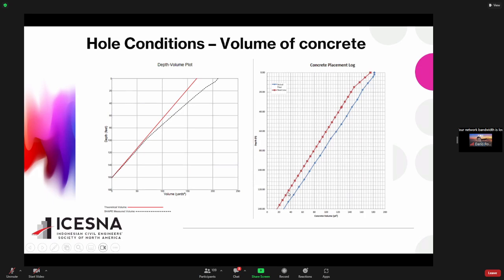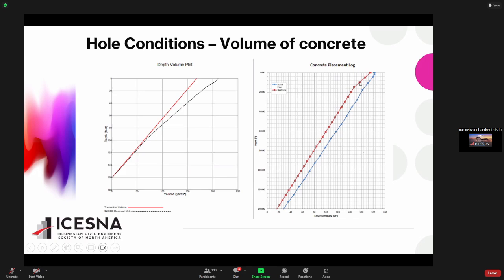And this is also another check that you can do. The red line is based on the nice hole, so it's basically the same red line here, based on the volume of the hole on paper. And the green is the actual volume of the concrete that you pour in. Again, you can see you actually use more concrete than what it should be.